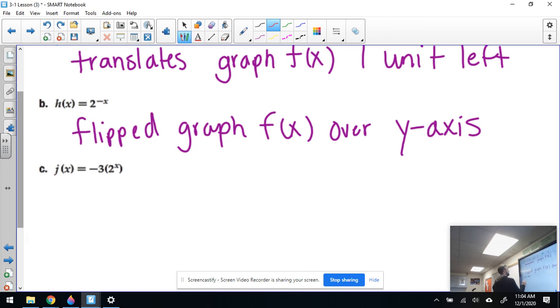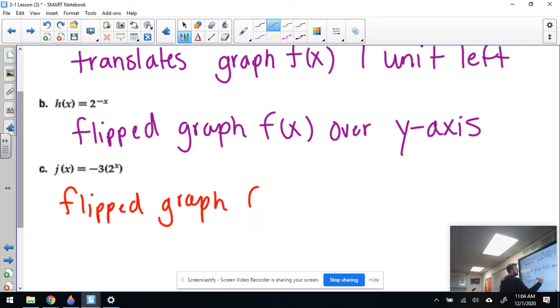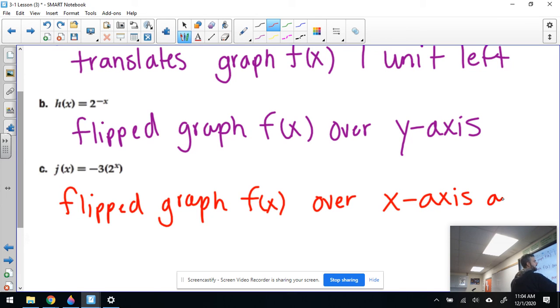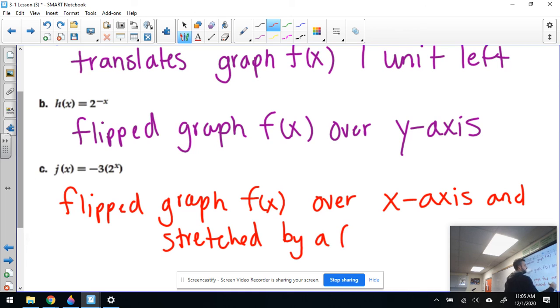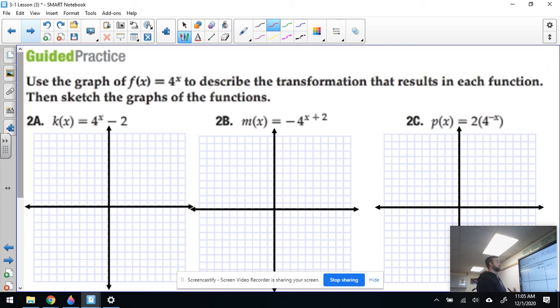So we'll say this, flipped graph f of x over the x-axis, and stretched by a factor of 3. Okay? So it stretched it out by a factor of 3. So here's a couple graphs that I'd like you to look at and describe their translations now.